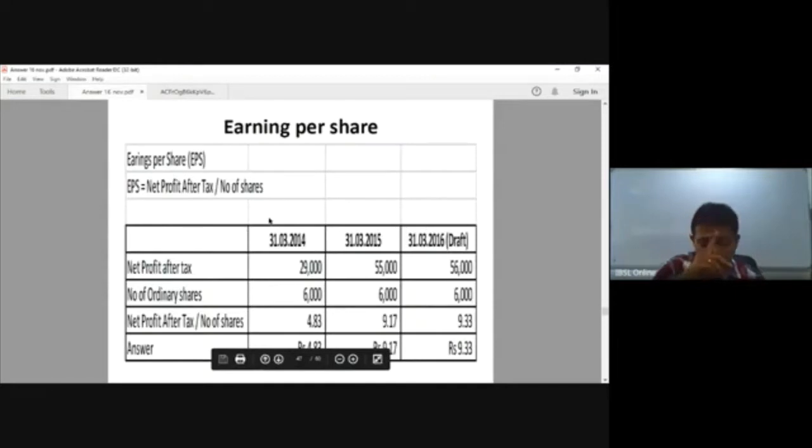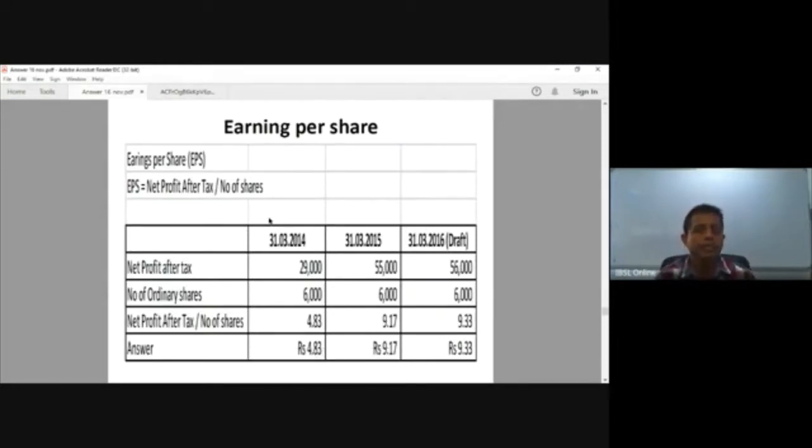Then investor relation ratios, very easy to calculate. Earning per share: take the net profit after tax. Here, the number of ordinary shares also we have to take in 1,000 terms. That's why I put 6,000 here. 6 million ordinary shares are there; 6 million in 1,000 terms means 6,000.